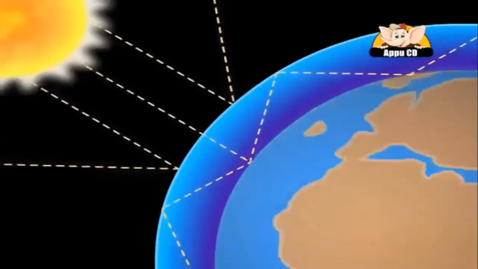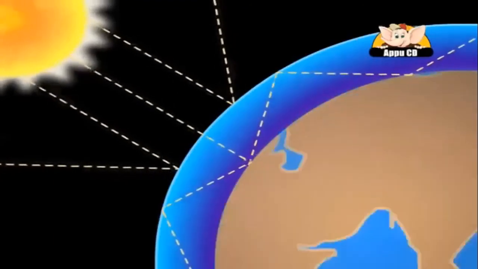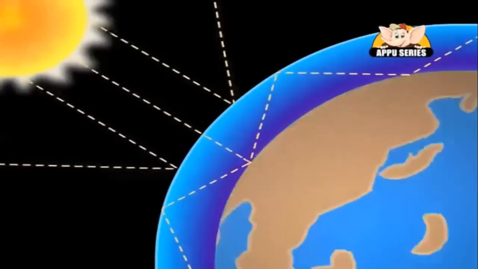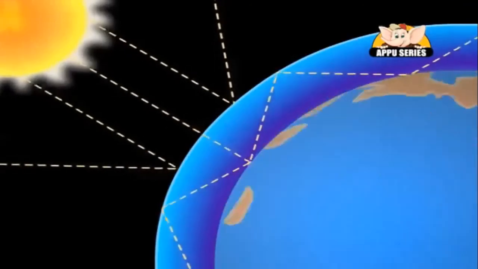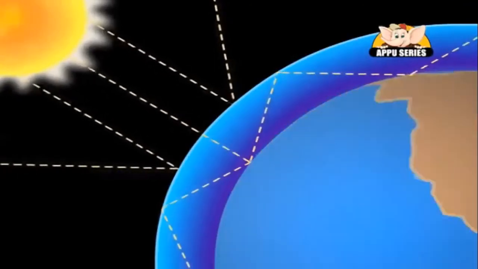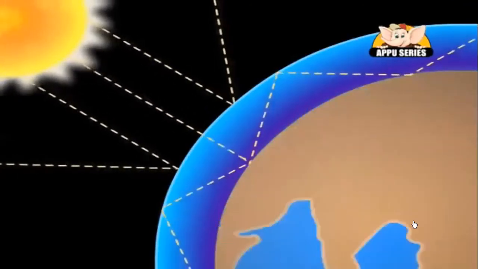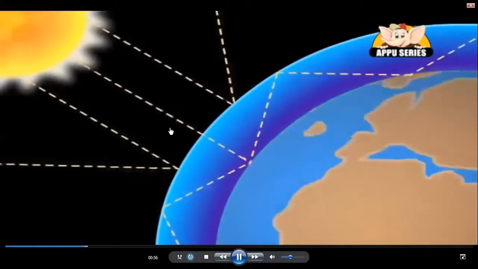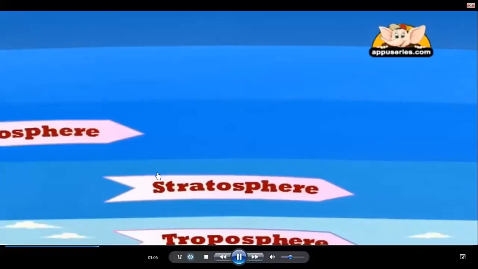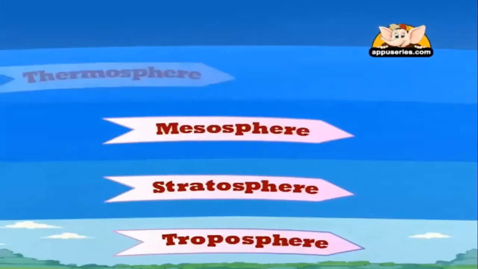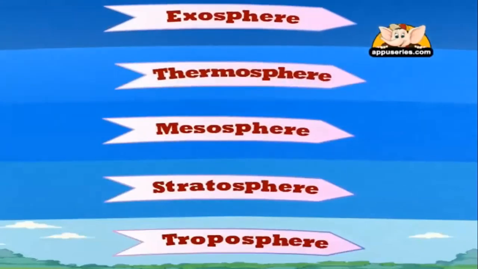Without the atmosphere, we will not be able to live here. Those gases protect us by blocking out dangerous rays from the sun and making Earth a perfect habitat for plants and animals. The Earth's atmosphere has 5 layers: troposphere, stratosphere, mesosphere, thermosphere, and exosphere.